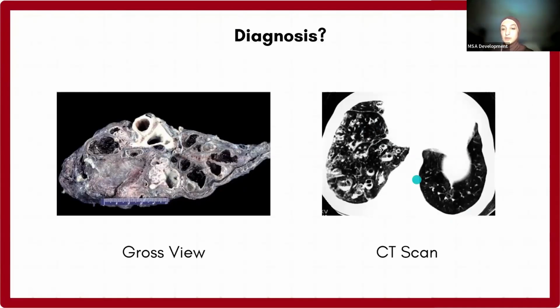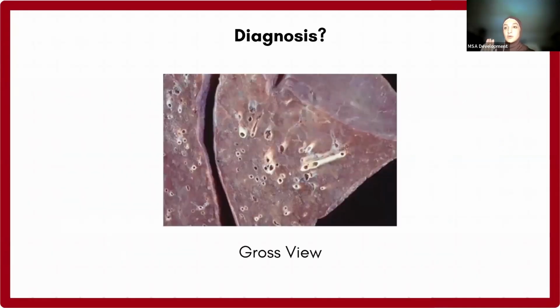Under a CT scan, the scarring and the fibrosis is very clear, as you can see here. It's more common in the right lung than in the left. And under gross view, this is what it looks like. As I said, it's associated with cystic fibrosis and brain abscess, metastatic brain abscess specifically.